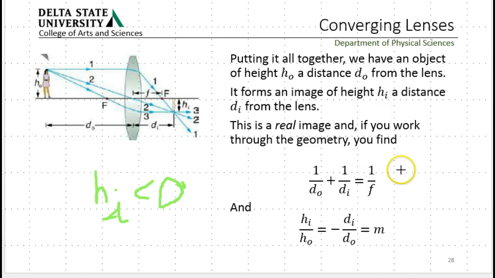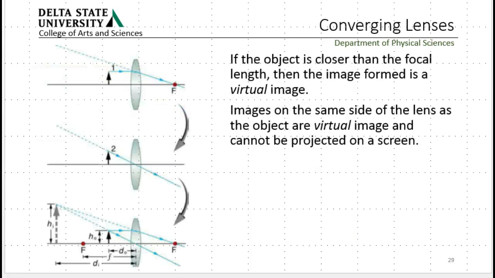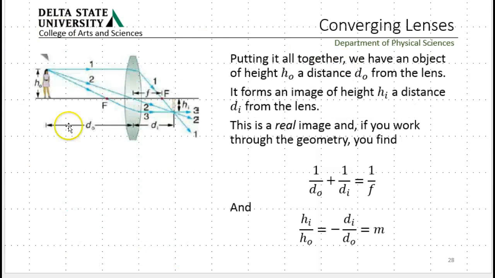So the two basic equations are 1 over DO plus 1 over DI equals 1 over F, and HI over HO equals minus DI over DO equals M, and M is the magnification. You'll note that in this instance, M is negative, and M is negative because it results in an image that is upside down.